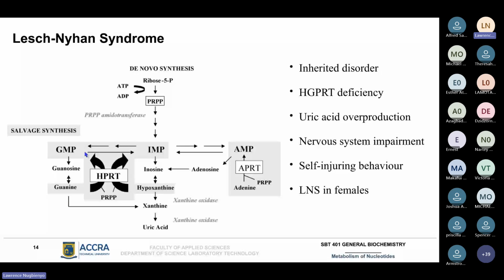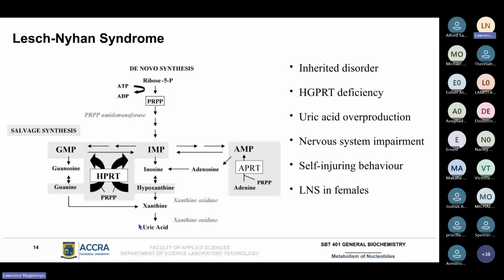Similarly, with deficiency of the HPRT, less inosine monophosphate is going to be formed, and the other pathway left for the hypoxanthine will be to go into the formation of xanthine. So there's going to be an accumulation of xanthine, and that xanthine will then go into the formation of uric acid, and that will result in excessive uric acid being formed in the system.